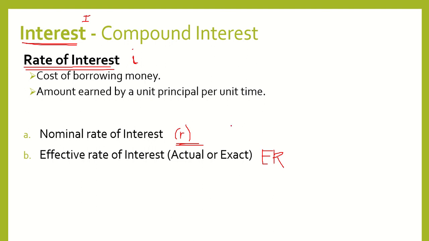Okay, the rate of interest I is equal to the nominal rate of interest divided by the number of compounding periods. When I say number of compounding periods, if you recall the example earlier, this is the number of times an interest will be placed in a single year.